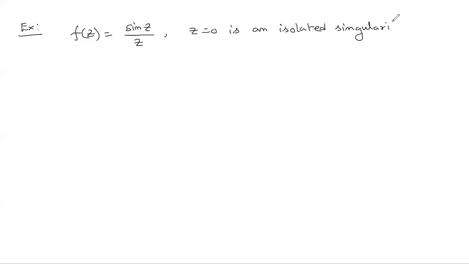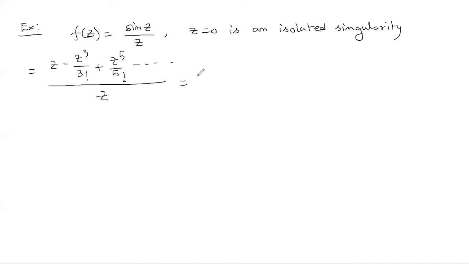Next, let us take an example. If I take f(z) equal to sin z by z, z equal to 0 is an isolated singularity. Now if we expand sin z, we see it is z minus z cube by 2 factorial plus z power 5 by 5 factorial and so on, divided by z.